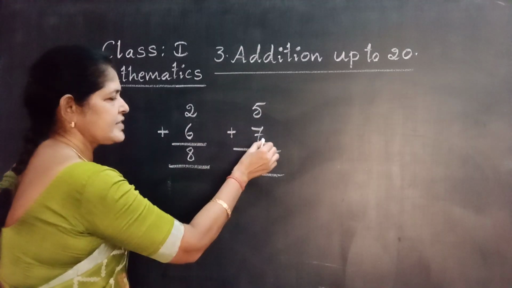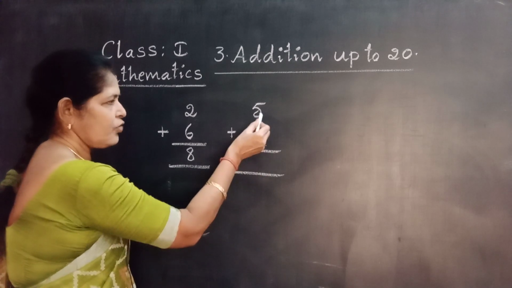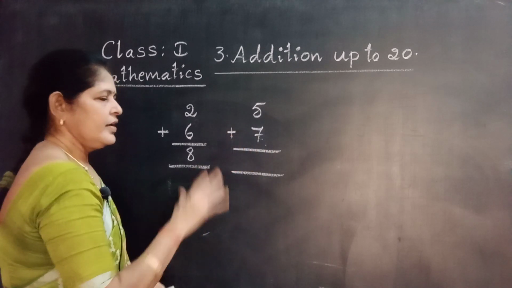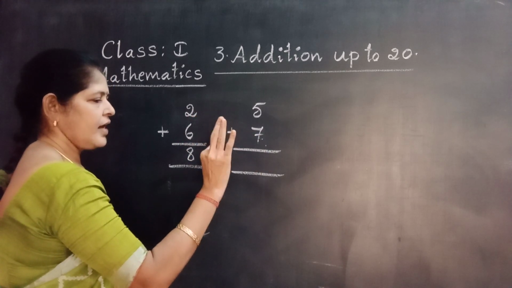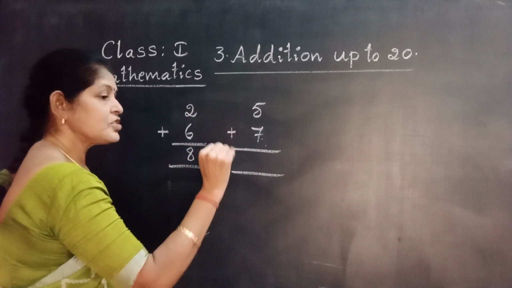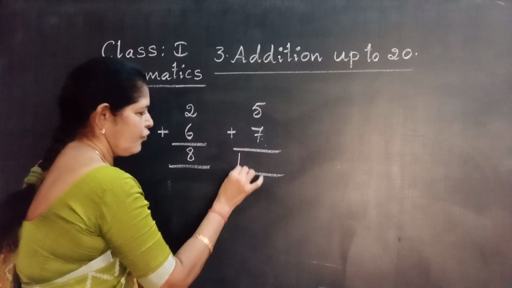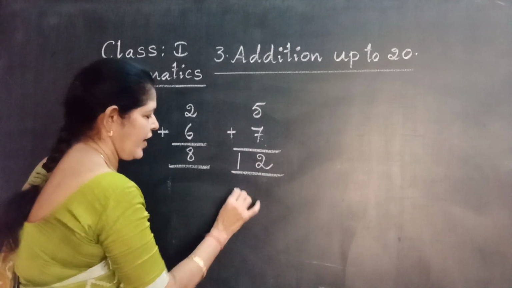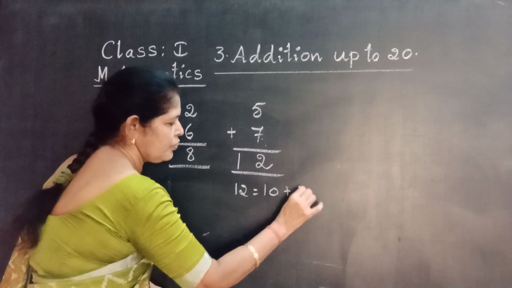Now 5 plus 7. Here we are going to do addition. Take 5 fingers. After 7 is 8, 9, 10, 11, 12. We get a two digit number. 1 ten, 2 ones. 12 is equal to 10 plus 2.